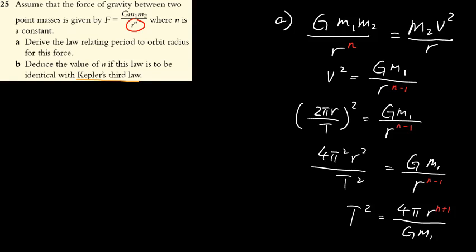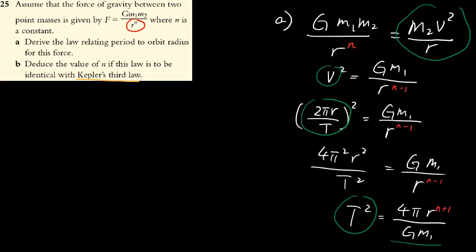So what you're trying to do is relate that to the circular motion, which is mv squared over r. And at last, going through all these steps by turning the v into 2 pi r over T, which is the period, at last you'll find the period squared will equal to this thing.